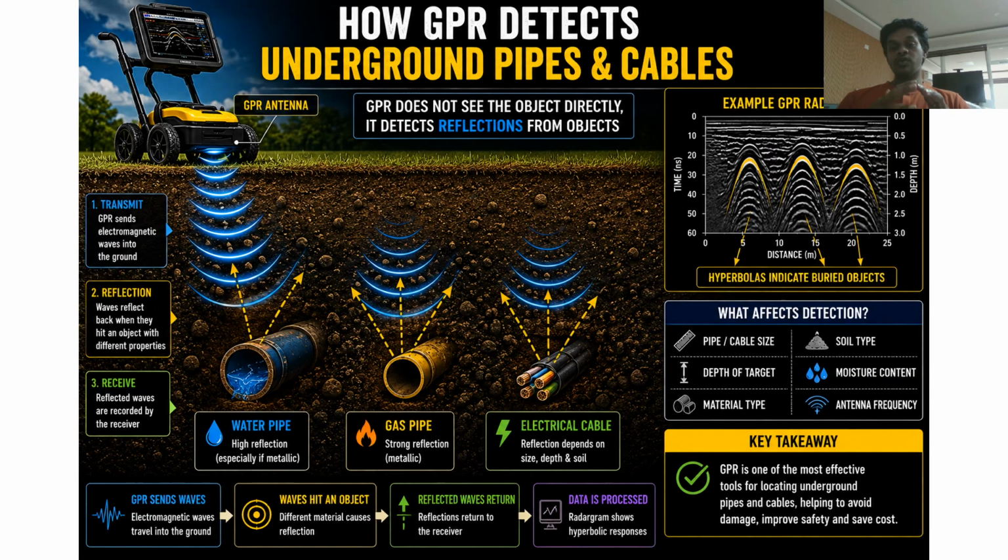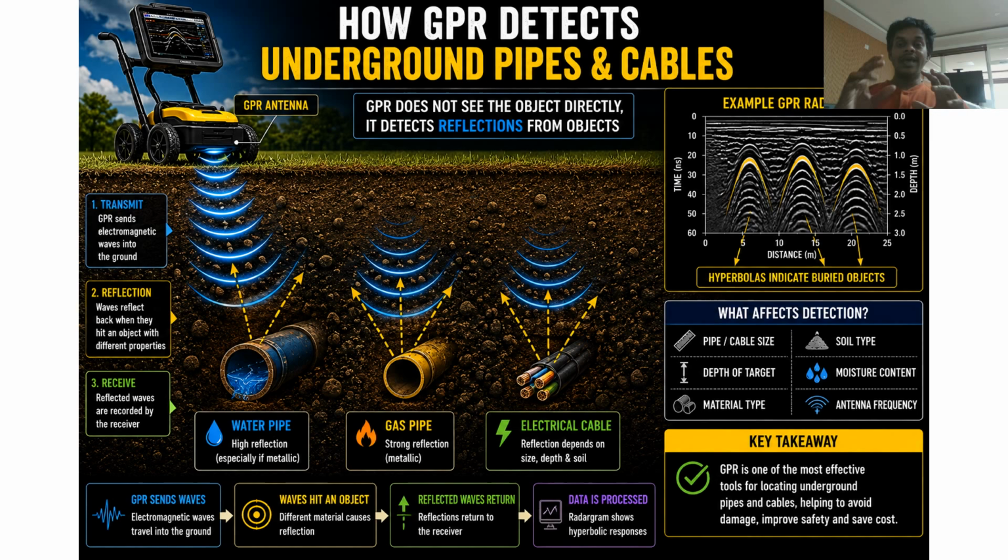Now, here comes the most important question. Can GPR detect every pipe and cable? The answer is no, because detection depends on several factors. For example, the size of the pipe, the material of the pipe, the depth at which the pipe is buried, the soil condition, and also the most important thing, moisture content and the antenna frequency.